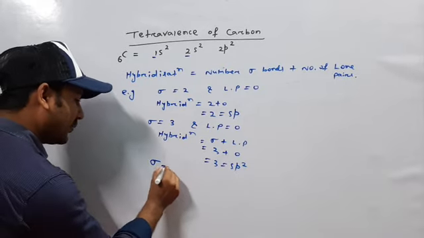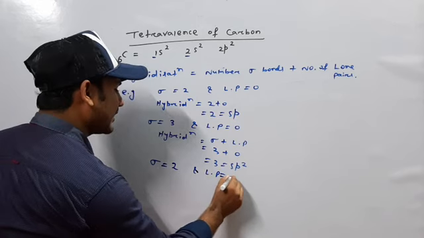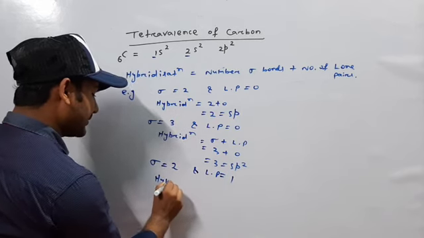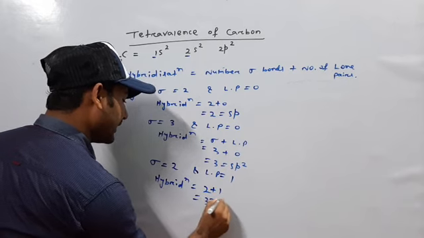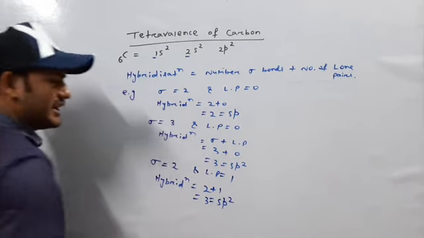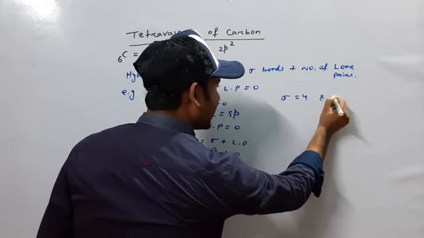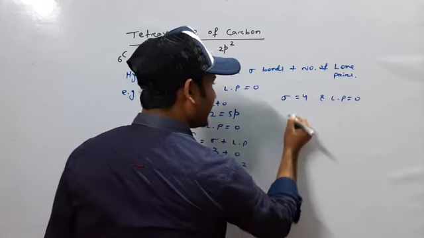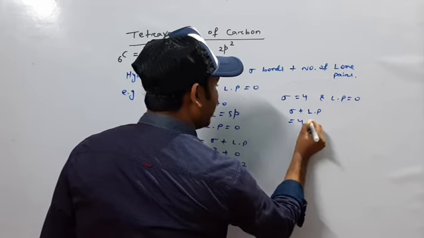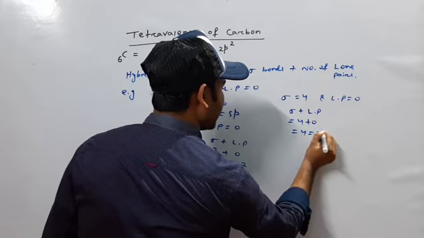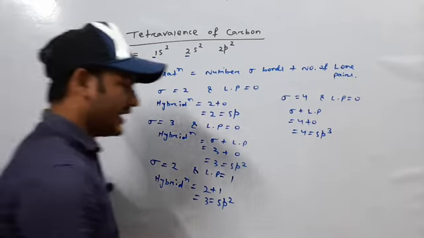If the number of sigma bonds is 2 and lone pairs is 1, then hybridization equals 2 plus 1, equal to 3, sp2. If sigma bonds is 4 and lone pairs is 0, then hybridization equals 4 plus 0, sp3. Now take some examples.